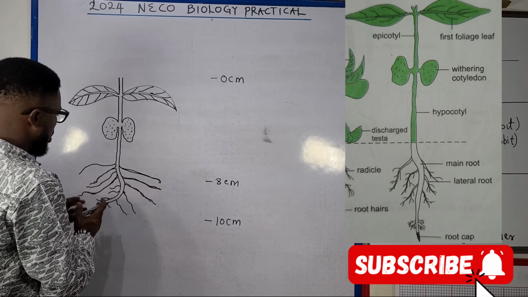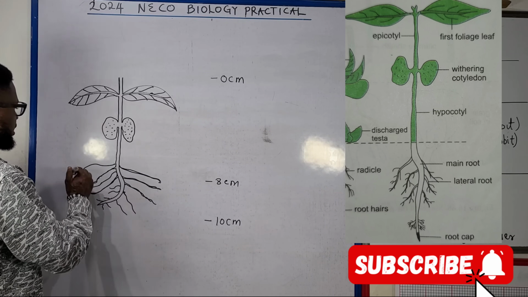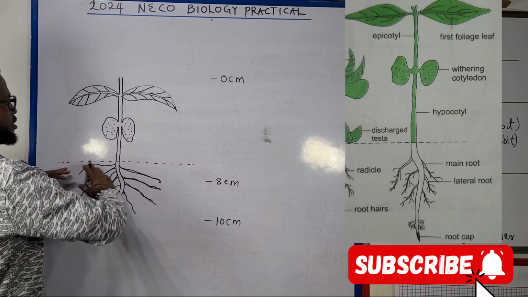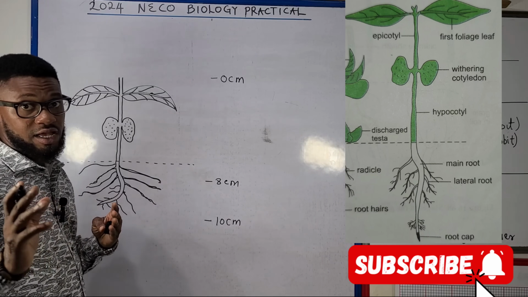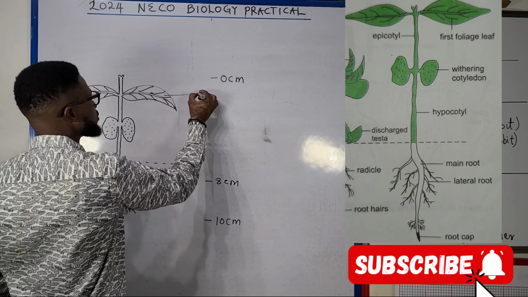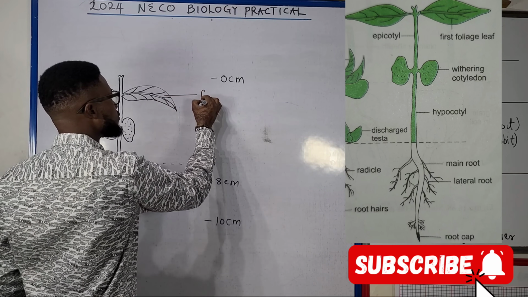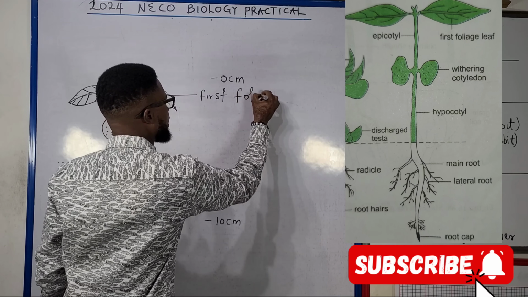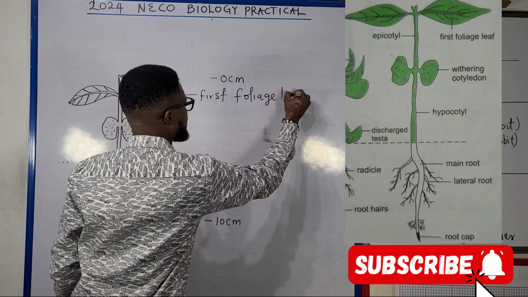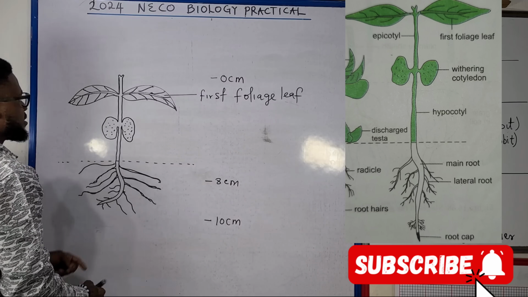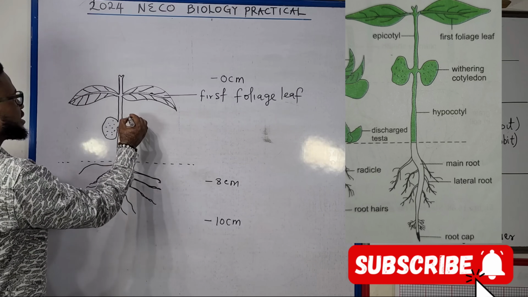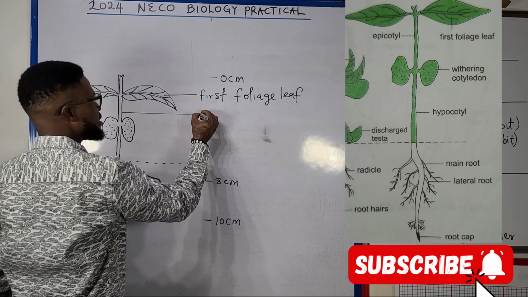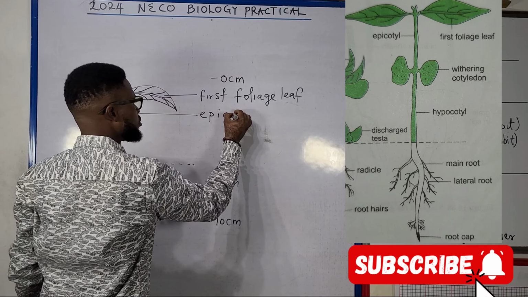So we can now talk of actually labeling this. This is going to be the level of the soil. This is going to be the first foliage leaf, and what we have in here is the epicotyl.